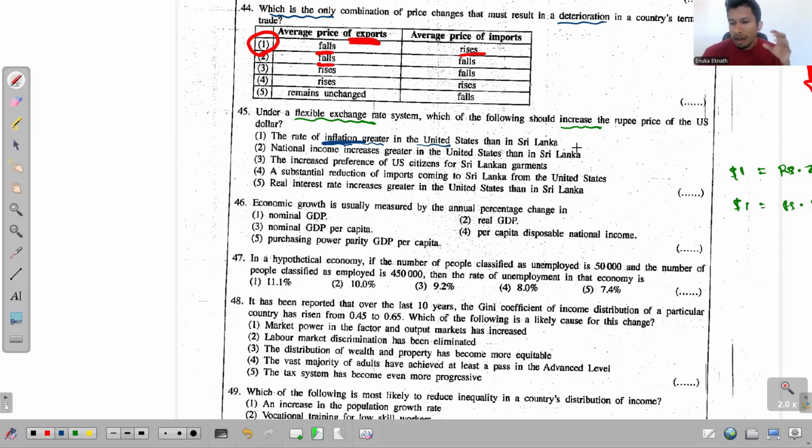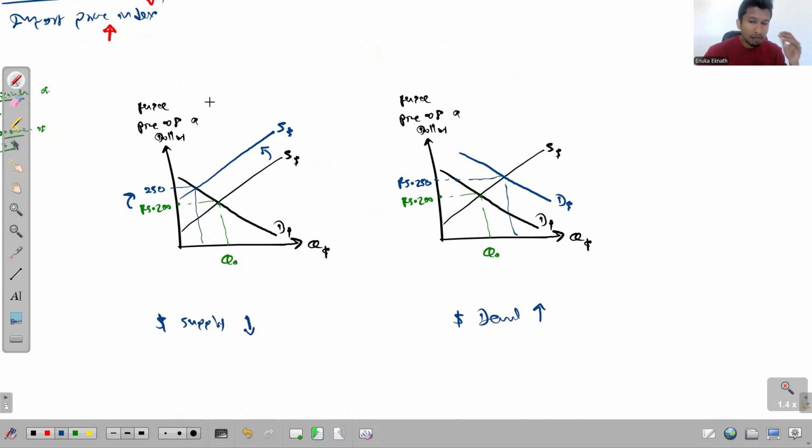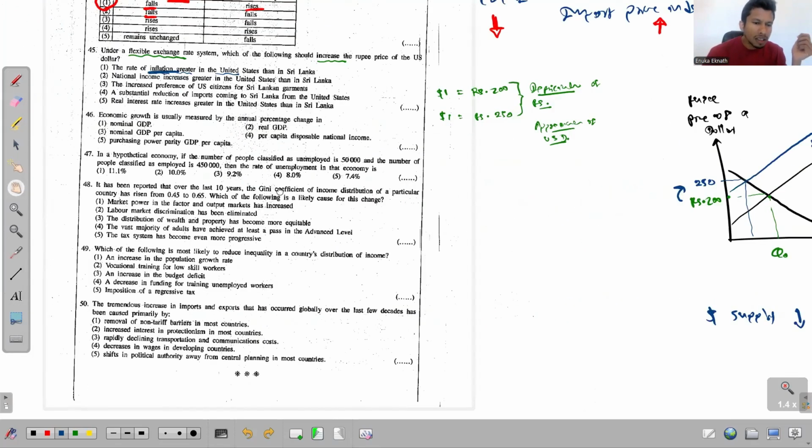The Americans will prefer Sri Lankan goods. So when they prefer Sri Lankan goods, they will supply more and more USD, and by supplying these USDs, they will ask for our goods. Then what will happen to the dollar supply? Dollar supply, according to the first given option, will increase. So as a result of the increase in dollar supply, the depreciation of rupee will not happen. Instead, it will appreciate the rupee. Right? That is not the answer.